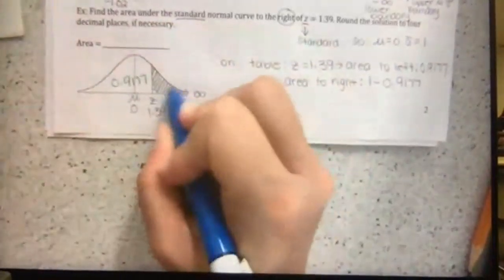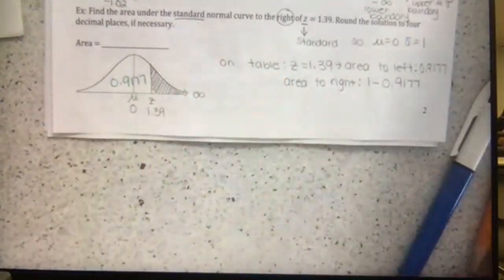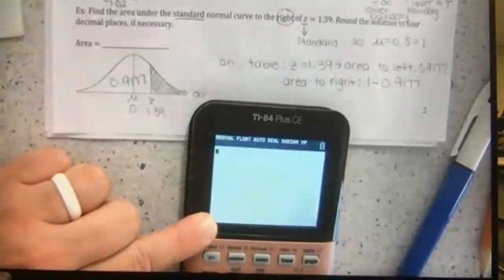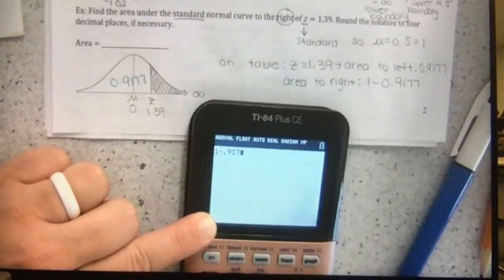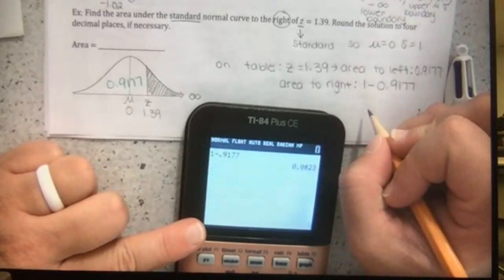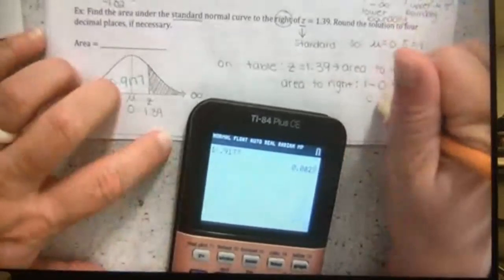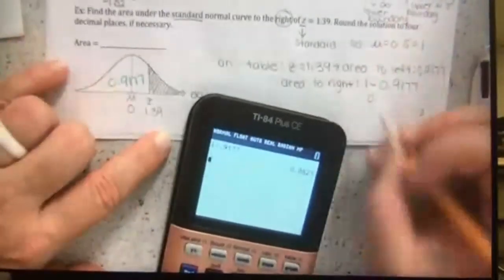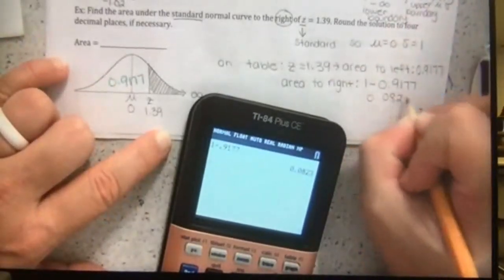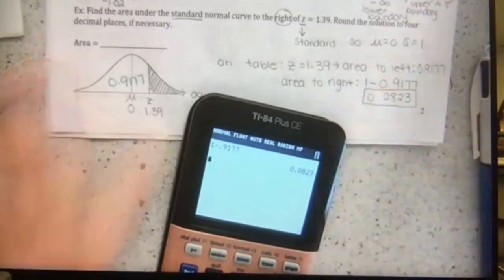So that means this area that's left over has to be whatever's left over to make 1. That's why we did 1 minus. So in our calculator, 1 minus 0.9177 will give us our answer of 0.0823. So that's how we do right on our table.